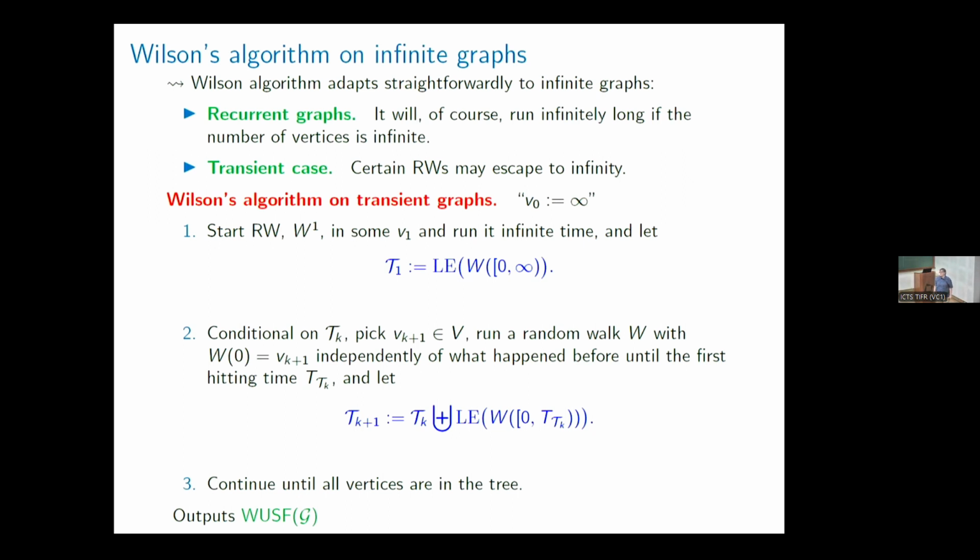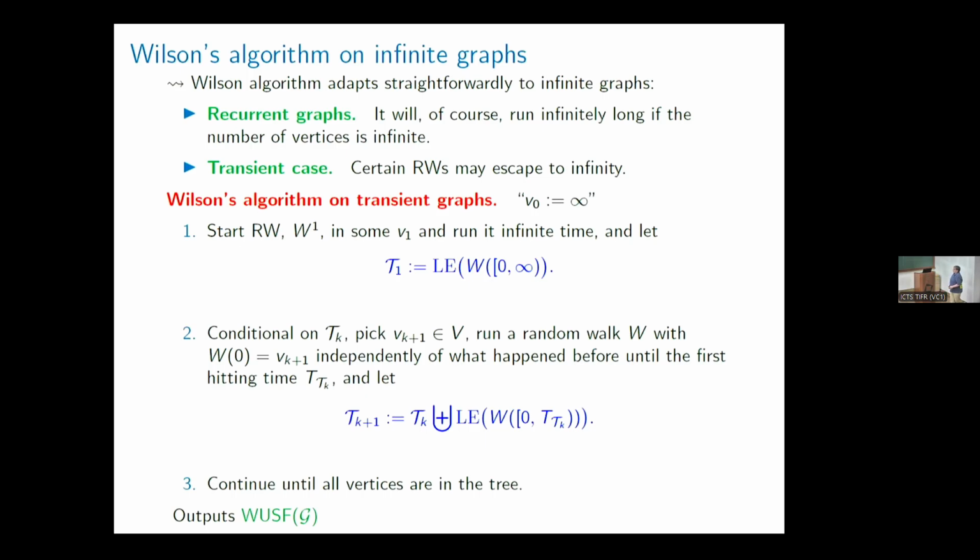So you just run it infinite time. And this way you get an infinitely long path, and then you loop erase it in the order of appearance. Remember, loop erasure you can do for transient walks. And then you get an infinitely long path which has no loops. And this is something which you have seen already in the conditioned branching trees also, this infinite line of descent. So it fits very well.